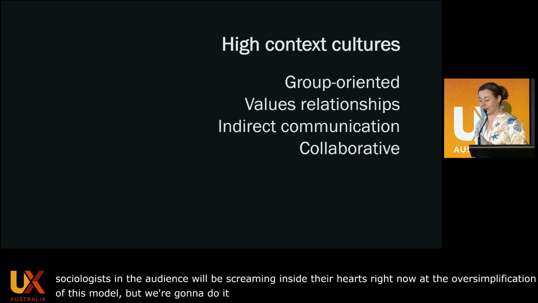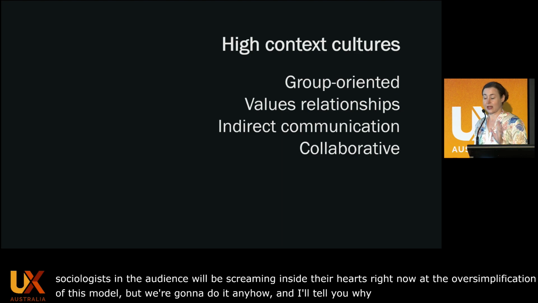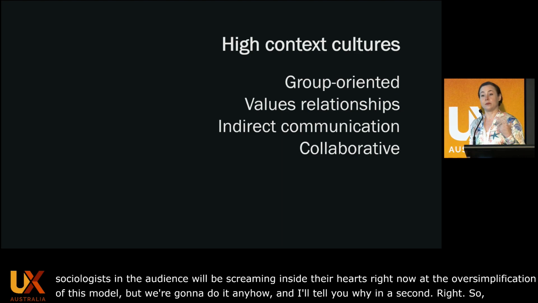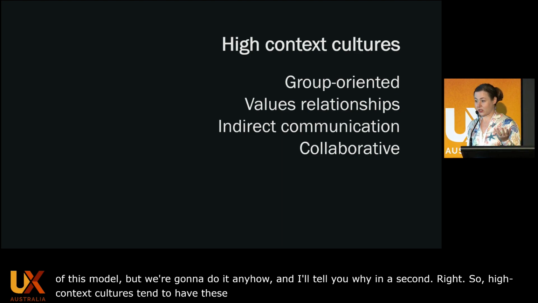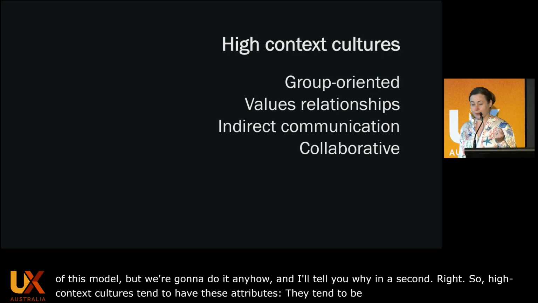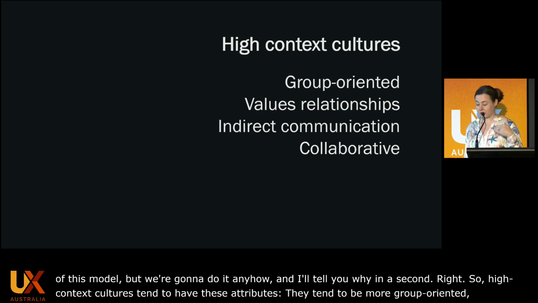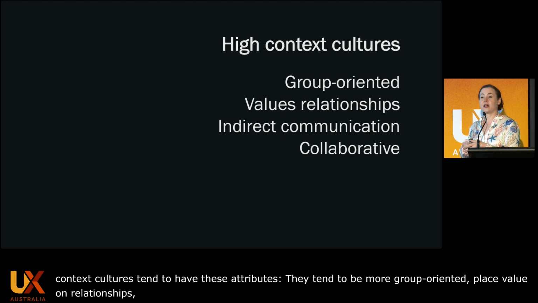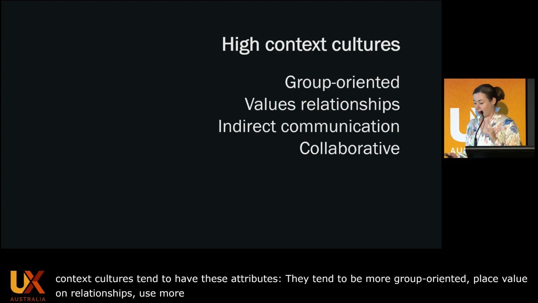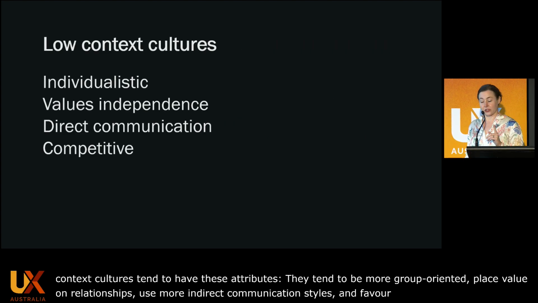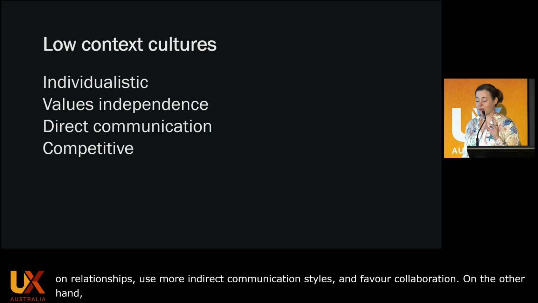Right, so high context cultures tend to have these attributes. They tend to be more group-oriented, place value on relationships, use more indirect communication styles, and favour collaboration. On the other hand, our low-context cultures tend to have these attributes.